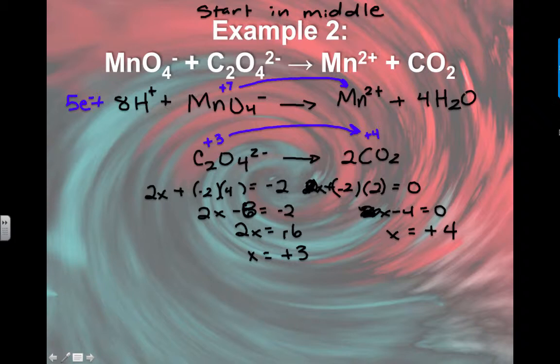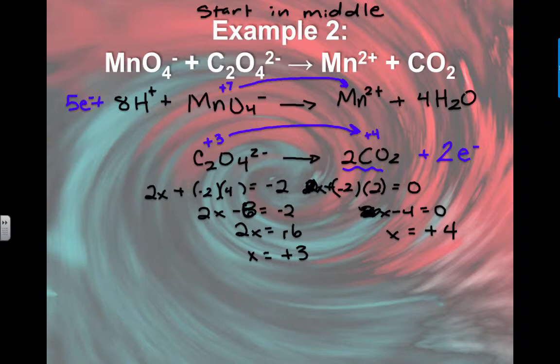That means how many electrons? From a 3 to a 4, that's 1 electron, right? For each carbon atom, I need 1 electron to come away. But I have 2 carbon atoms to account for, so I better put 2 electrons in my equation so that I can get the electron away from both of them.